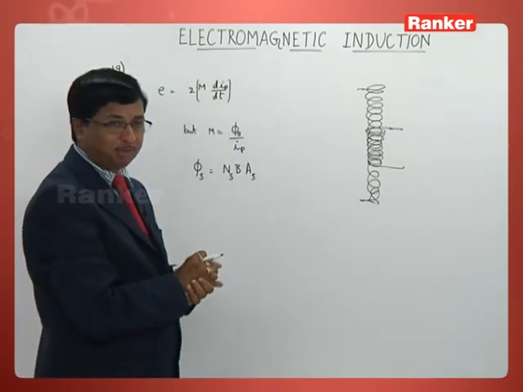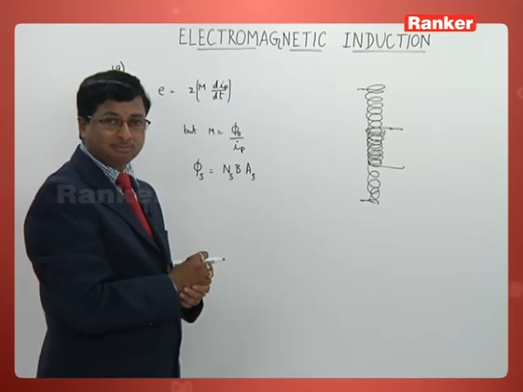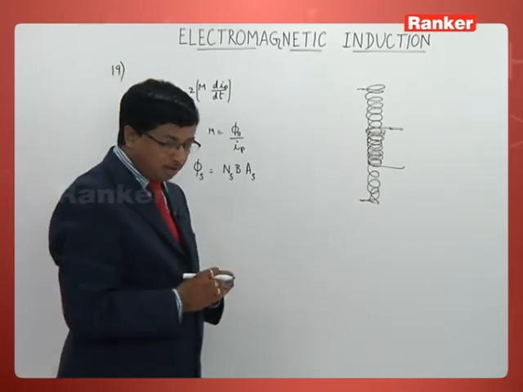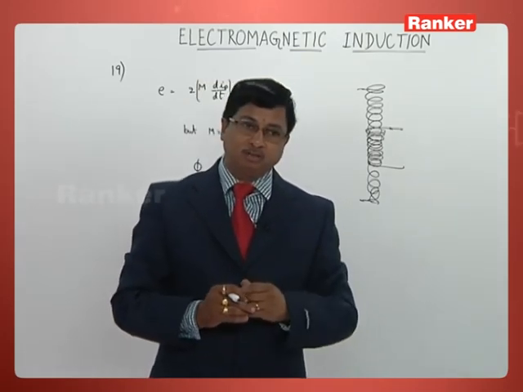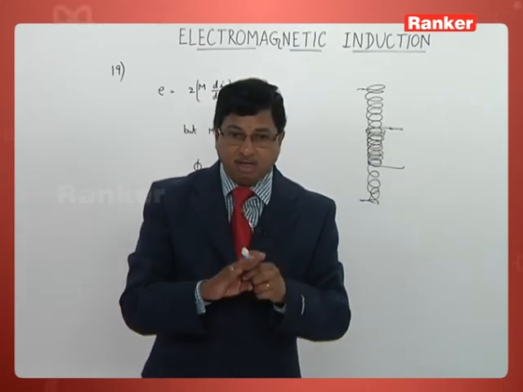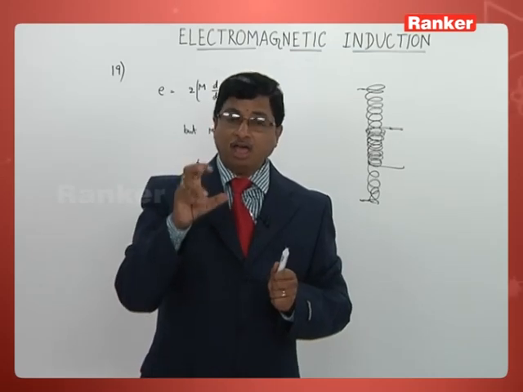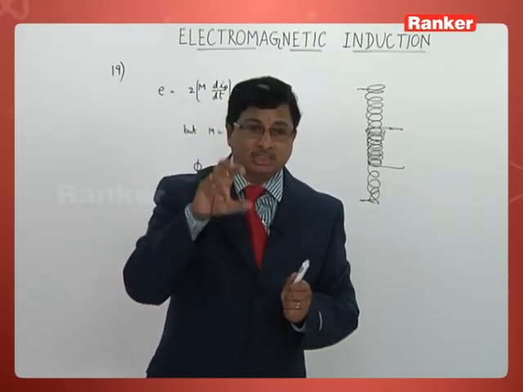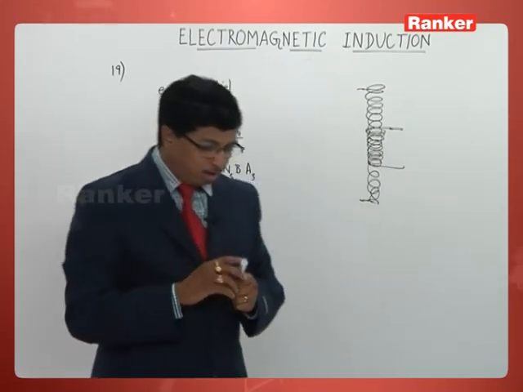Fine. But how to get the value of B now? B is nothing other than the magnetic induction that is being produced over there. Magnetic induction in which coil? The primary coil, what has been taken up as having 2000 turns over there. So what is that value of B now?